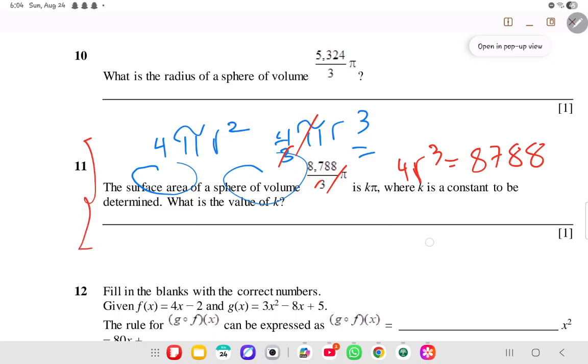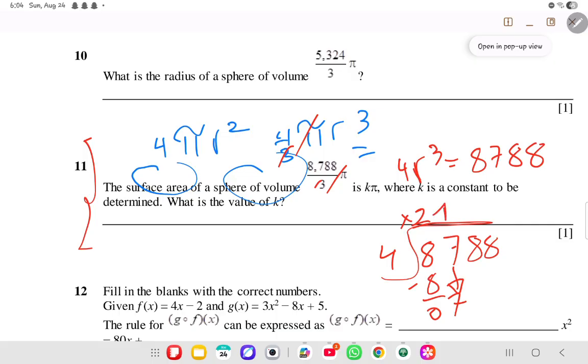So it's going to be 8788 divided by 4. So it's going to be 2 minus 8, 0. Drop the 7. 1 minus 4. We're going to have 3. Drop the 8. 38, we have 40, 32, 36 is the closest, so 9 minus 36, you're going to have 2, drop the 8, 7.